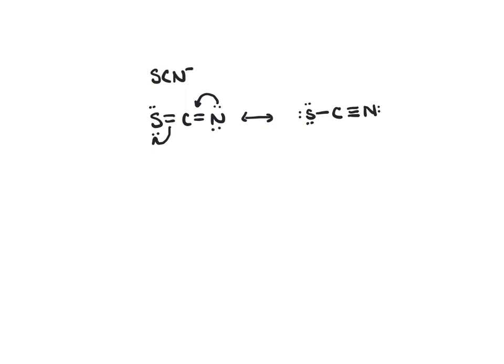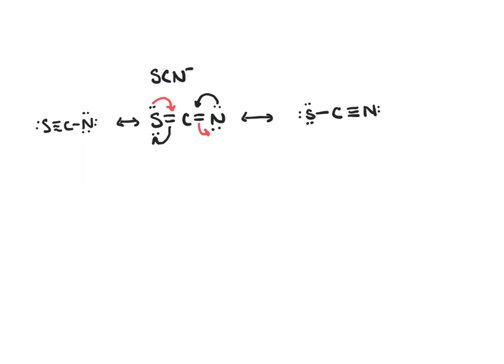Or we might move the lone pair from the sulfur in between the sulfur and the carbon, and an electron pair out onto the nitrogen. If we did that, we would end up with the structure where we have a triple bond between the sulfur and the carbon and a single bond between the carbon and the nitrogen, giving the nitrogen one extra lone pair and the sulfur one less lone pair.